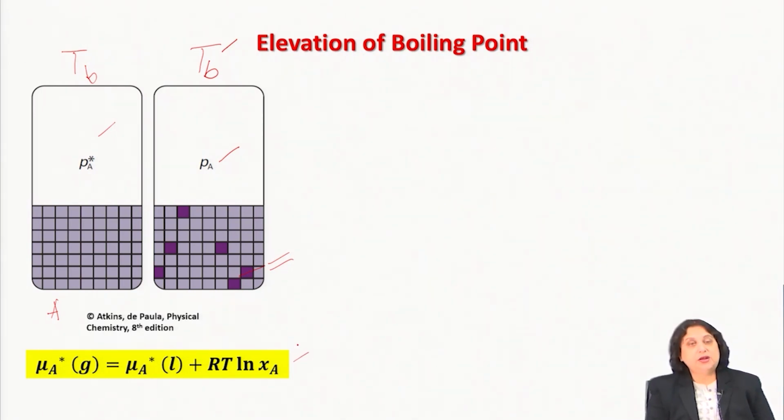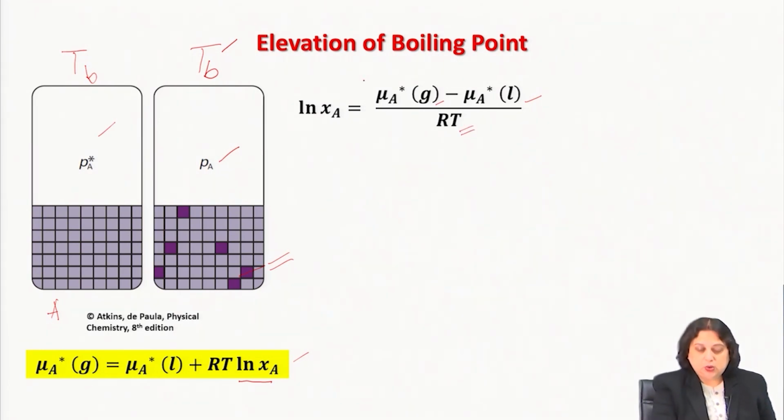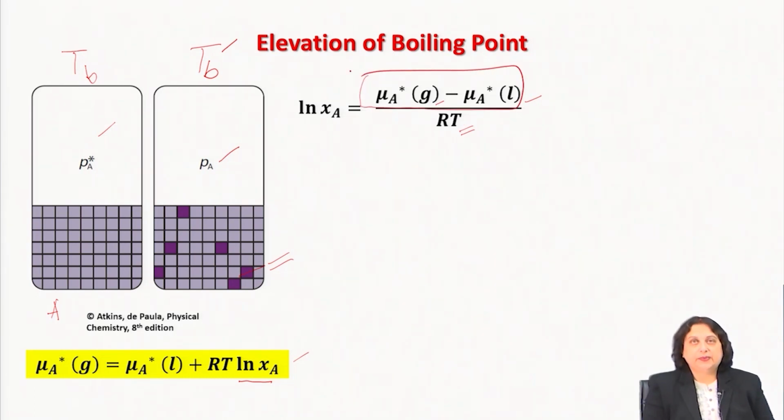Now I am going to rewrite this equation so that I write down ln Xa. By rearranging this equation, ln Xa turns out to be mu A star in the gas phase minus mu A star in the liquid phase, divided by RT. Do I understand what this numerator corresponds to?